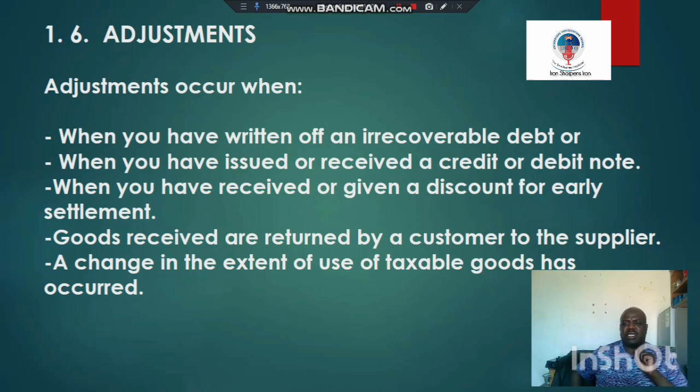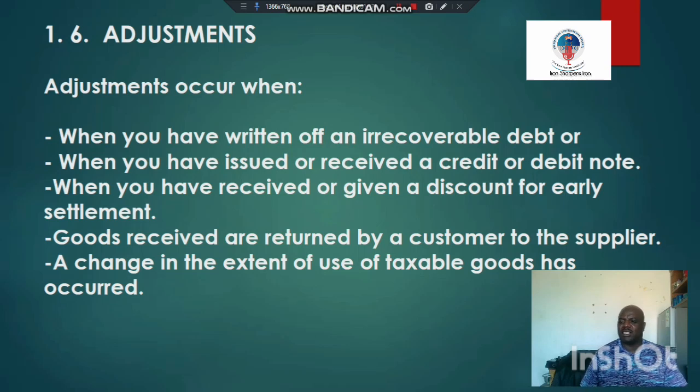Another scenario is when you have received a discount for early payment. Remember, you received an invoice of say 1,000 to be paid over say a month, and the condition is that if you pay it within 2 weeks, you will receive a discount.